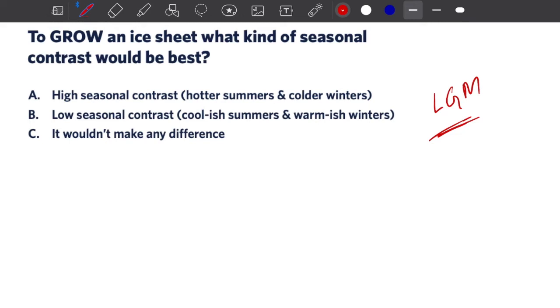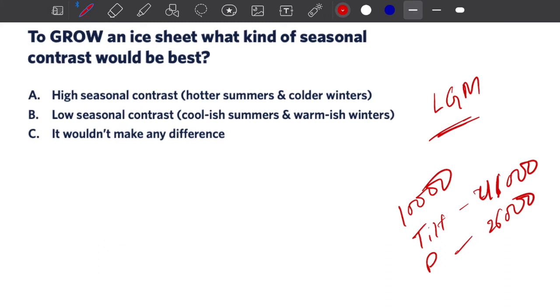It's all because of the Milankovitch cycles, and these cycles keep repeating. The eccentricity has a period of 1 lakh years, the tilt has a gap of 41,000 years. For precession it is 26,000 years.